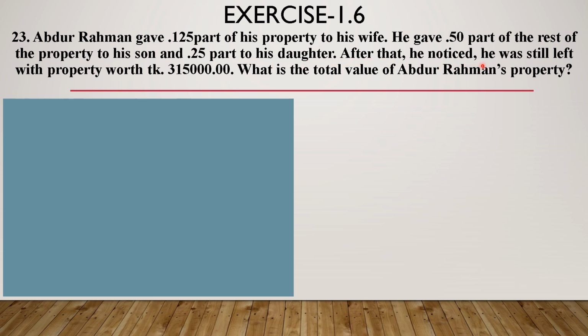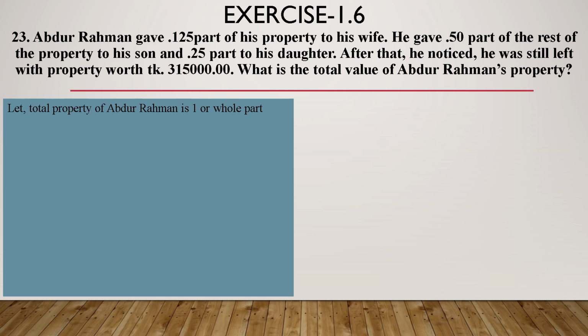After that, he noticed he was still left with property worth Taka 3,15,000. What is the total value of Abdur Rahman's property? I hope you all can understand the question properly. Now, you can see the solution, my dear.